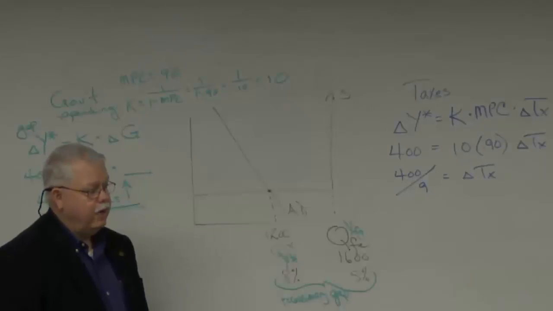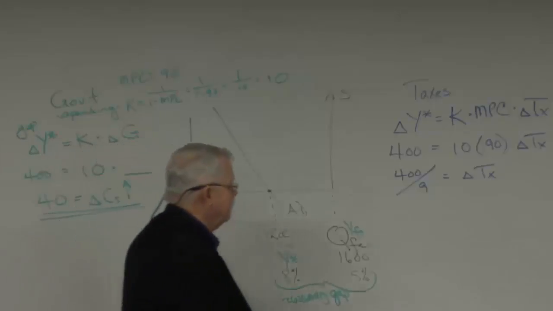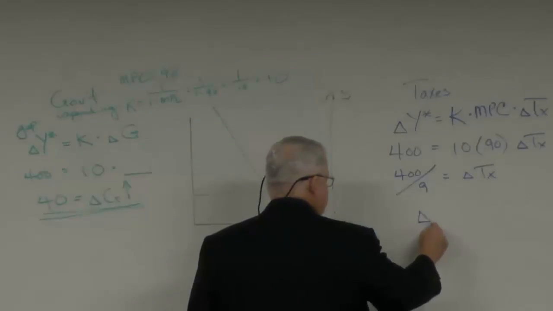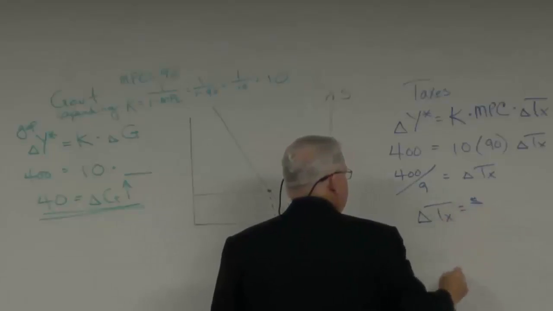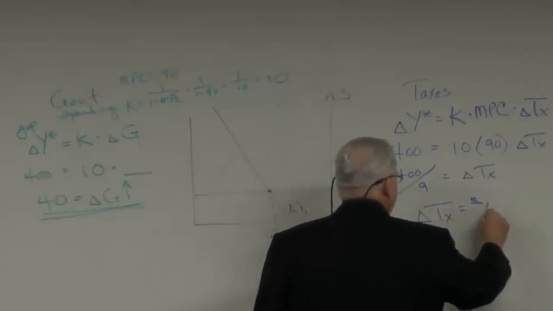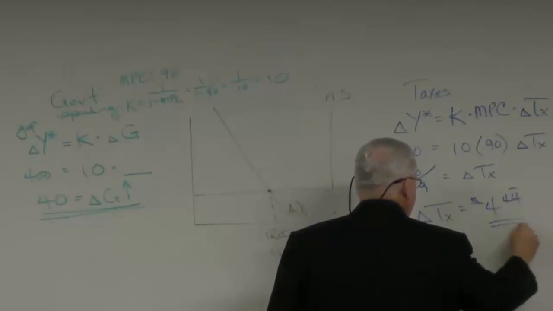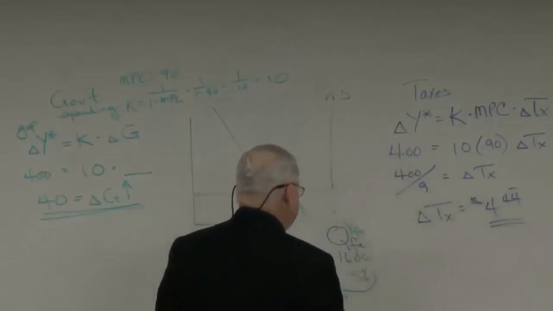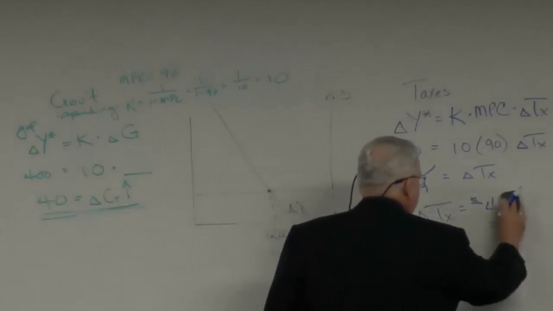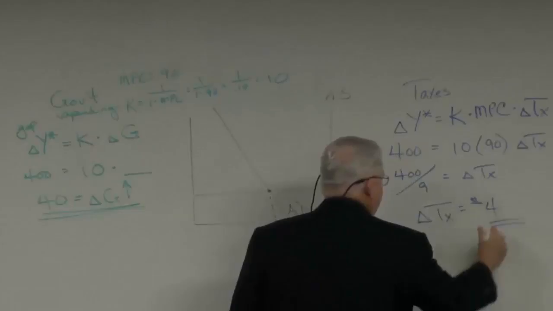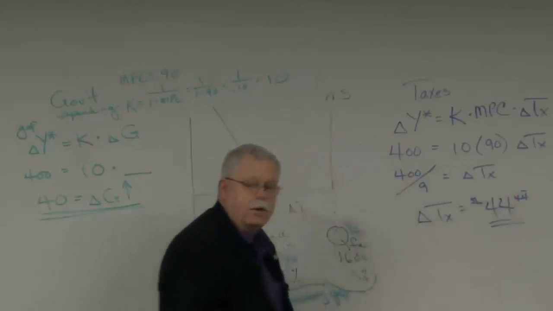You might have a calculator convenient to hand. 44.44 repeating. Good. 9 into 400, 44.44. Okay so far?